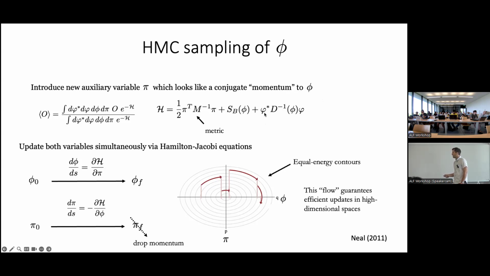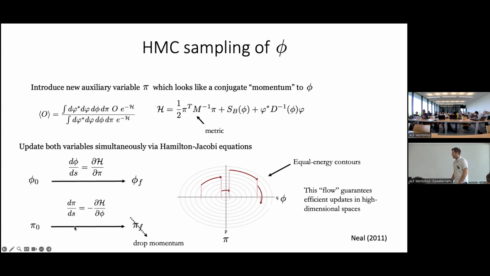Remember here, varphi is fixed, and we're updating phi. So now what we're going to do is update pi and phi together. We draw a sample from pi according to this distribution, and then we update them in the following fashion. Since this looks like a Hamiltonian system, we're going to update them both using the Hamilton equations.